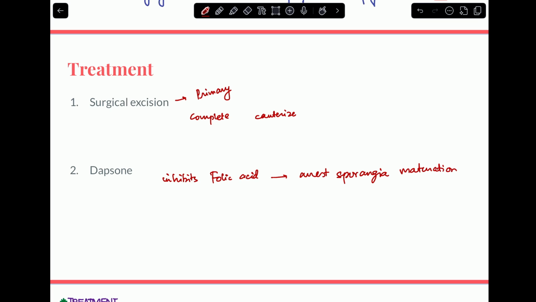It also promotes fibrosis of the surrounding tissue. This dapsone is only used in cases of systemic or malignant rhinosporidiosis. The dose is 100 mg once daily for about a year.